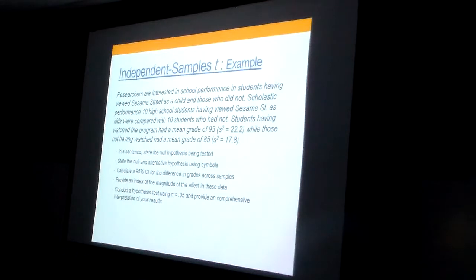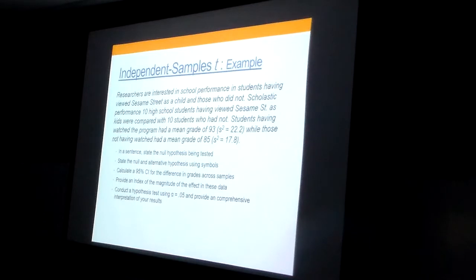So our pooled variance is going to be n1 minus 1 times our variance for our first group plus n2 minus 1 times our second variance, all over n1 plus n2 minus 2.